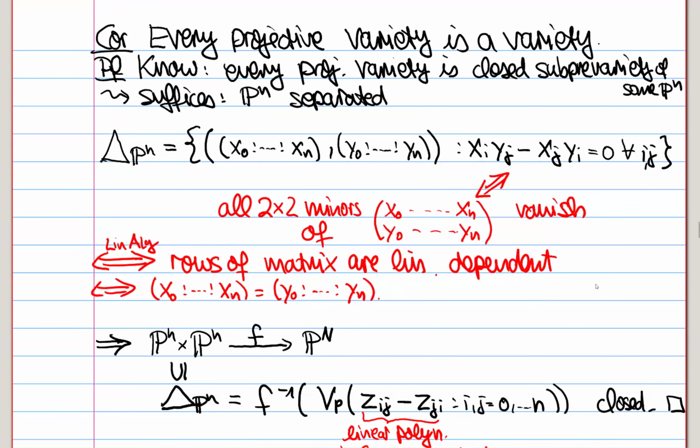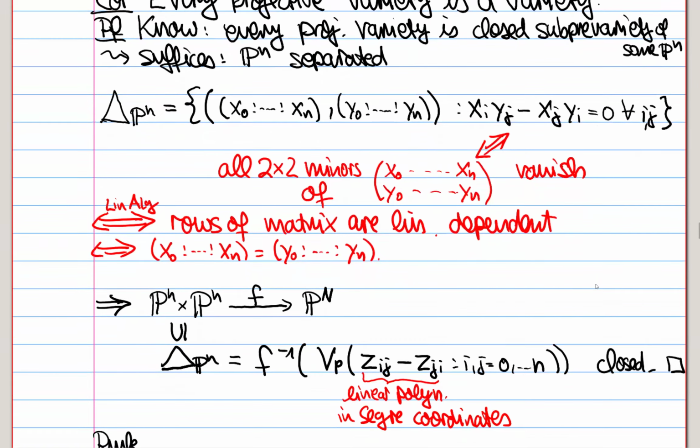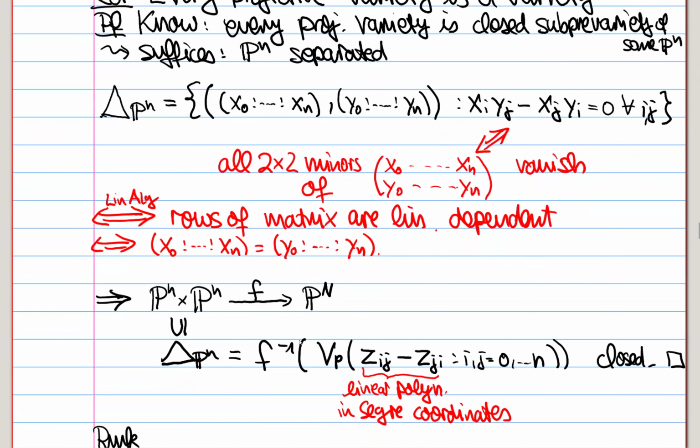But now, these equations look very familiar after the proof before, because we can see Pn cross Pn sits by the Segre embedding in some big projective space, and then the diagonal is cut out by these equations. But this here is just the zij coordinate of f, and this is the zji coordinate of f.